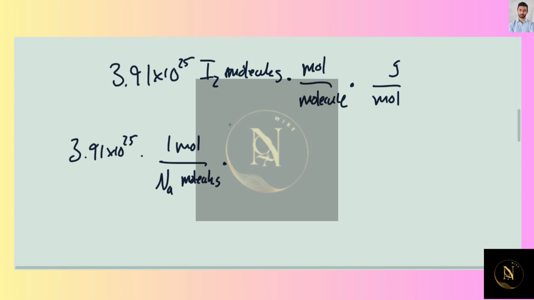And then grams per mole, they didn't tell us. It's I2, but we can get it from the periodic table or Google it. The weight of iodine by itself is 126.90, so I2 is 253.81 grams per mole. And what's this going to equal?